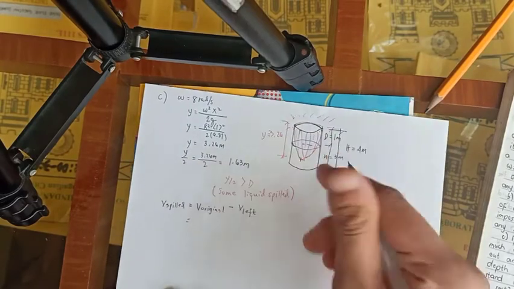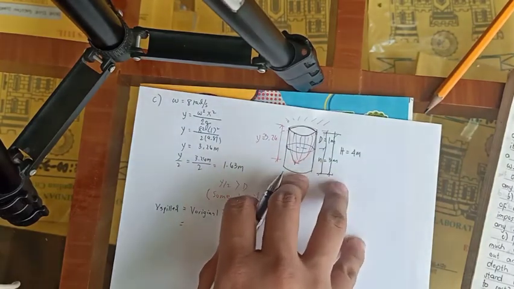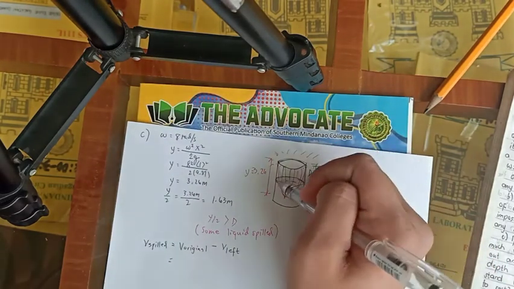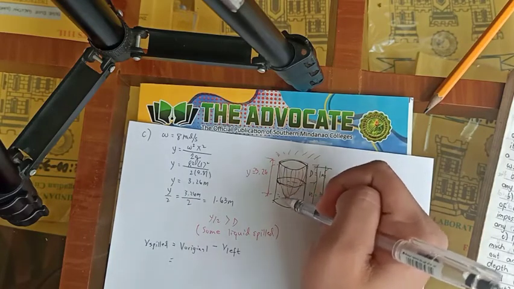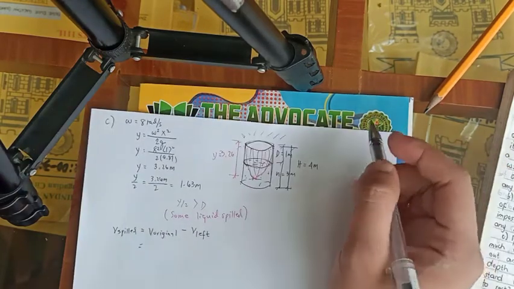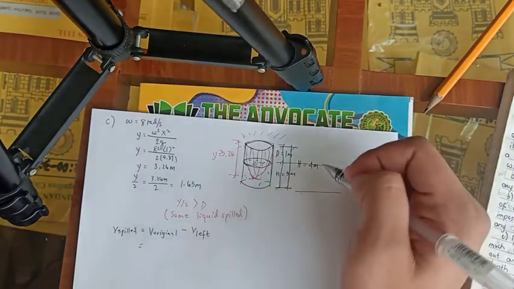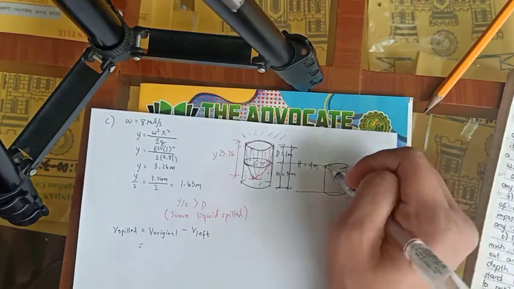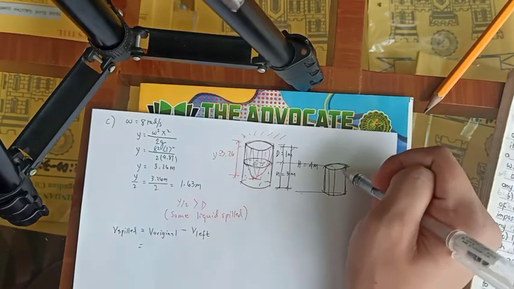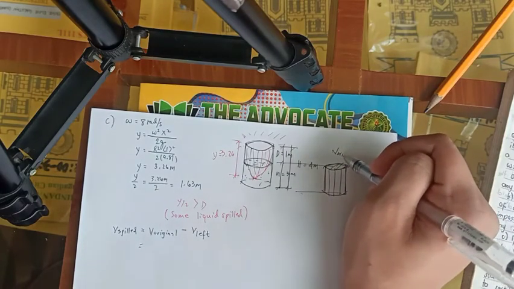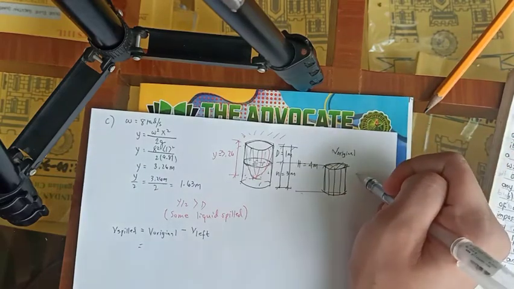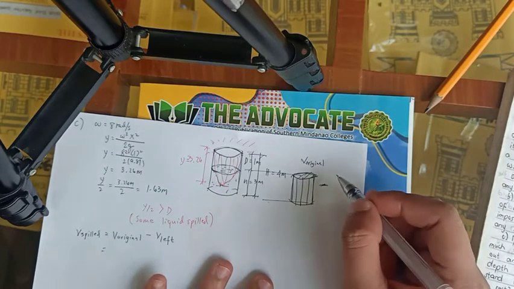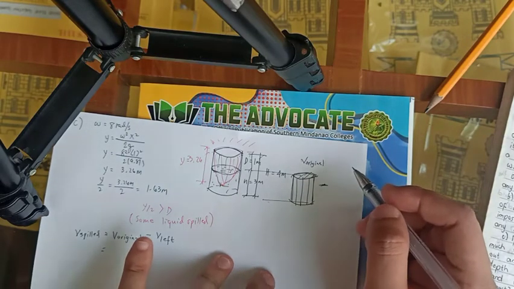The V original, as we know, is the cylinder, the vessel. Given the dip, what we get first is the original, which is the water or liquid, V original, minus V left.